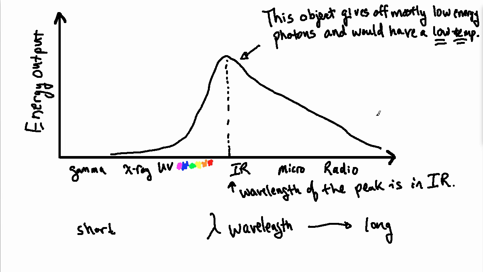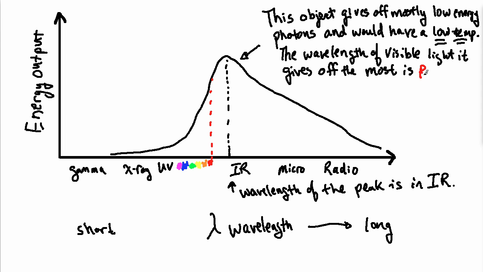In addition, the wavelength of visible light that it gives off most is at the red light wavelength, which I identify by drawing this line up from where red light occurs up to the point on the curve where red light happens, and we see that that is the greatest amount of visible light this object will give off. So this object would appear reddish in color.